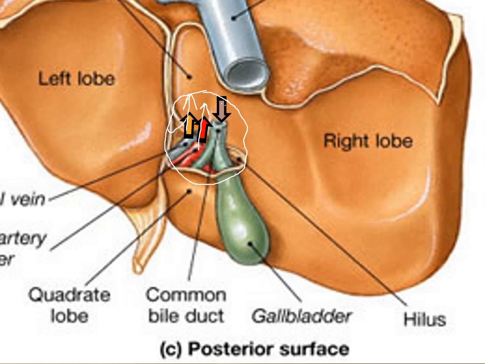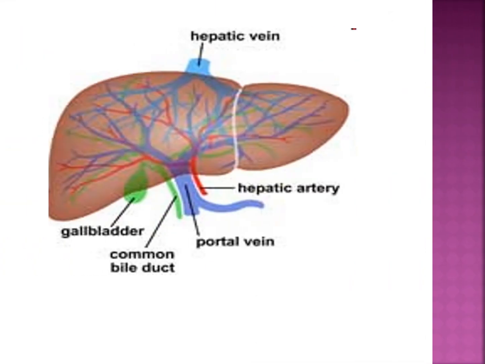Now in the next diagram, things will be more clear. Right, so this is the hepatic artery, this is the portal vein, and this is the common bile duct. These are the three structures which form the porta hepatis that you have to remember.